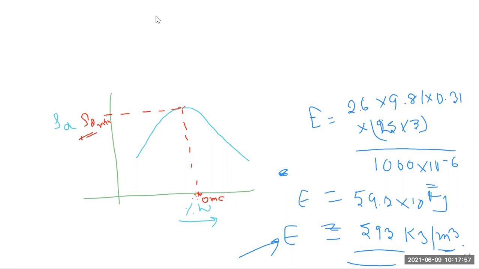It means at this value, if the mold size is 1000, then the soil is compacted and we get maximum dry density, and that is the purpose of compaction. What is the purpose of compaction?